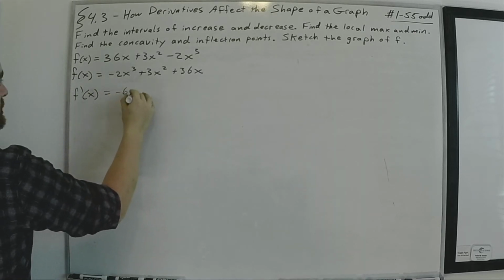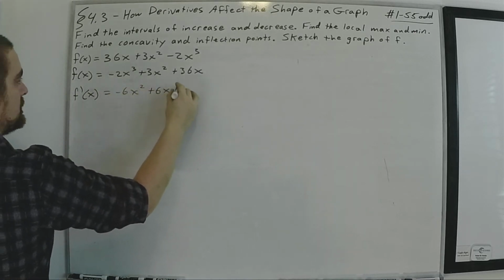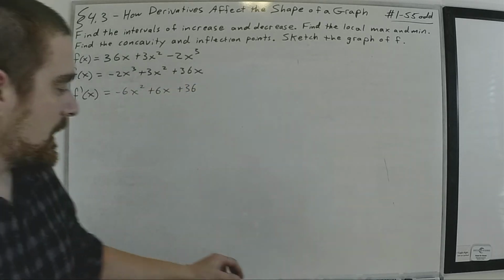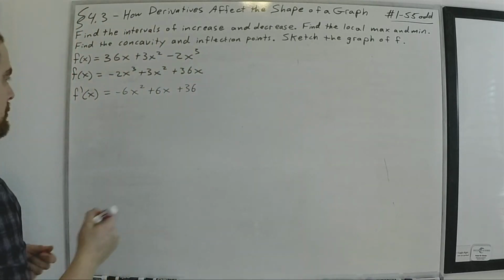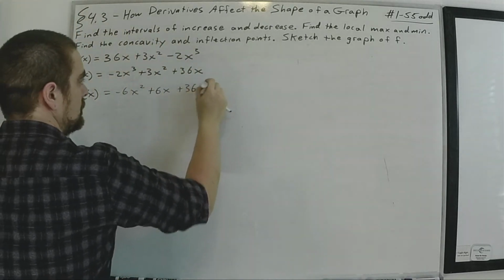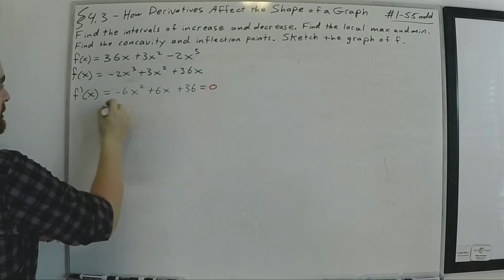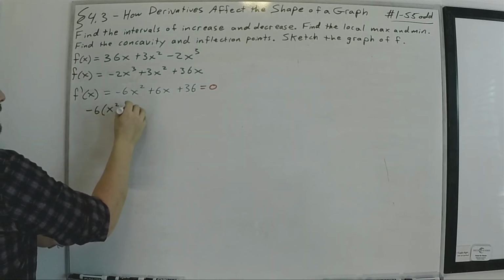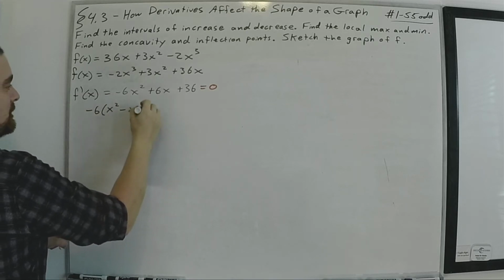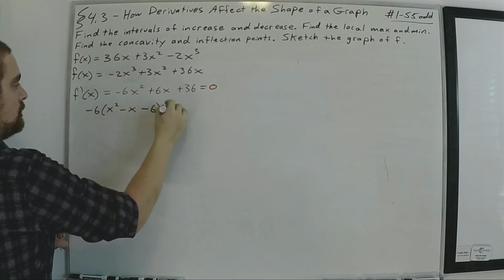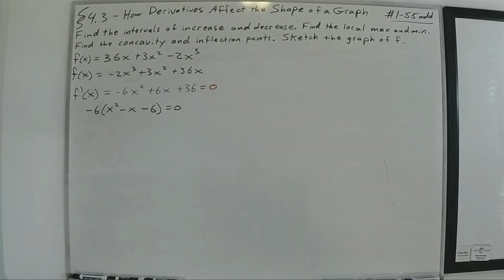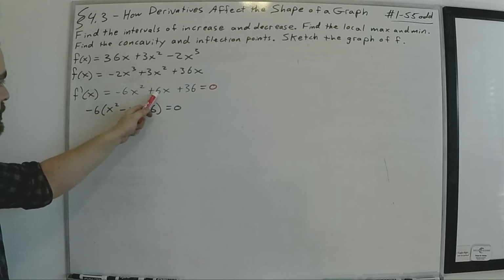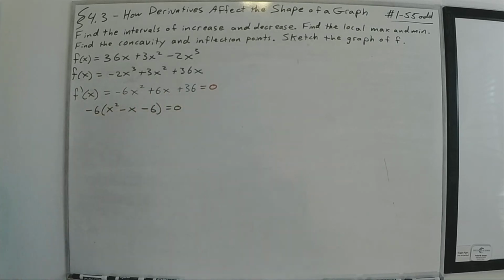So we'll get negative 6x squared plus 6x plus 36. Our goal is to set that equal to 0 to get our critical numbers. I'm going to factor out a negative 6, and the only reason I'm going to do that is because I'm going to be left with a quadratic that I really do want to factor and get those zeros. So I factored out a negative 6, which means I change those signs as well.